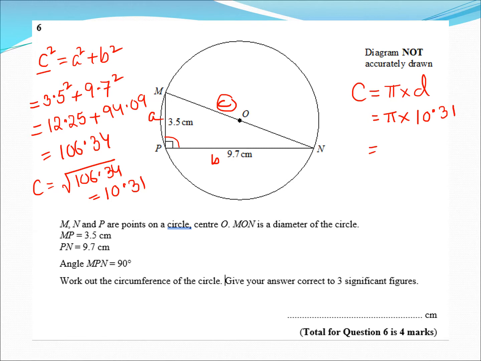So we do 10.31 times pi, which gives me 32.389, and correct to 3 significant figures, I'm going to keep up to here. So that's going to be 32.4 centimeters. Okay, right, next question.